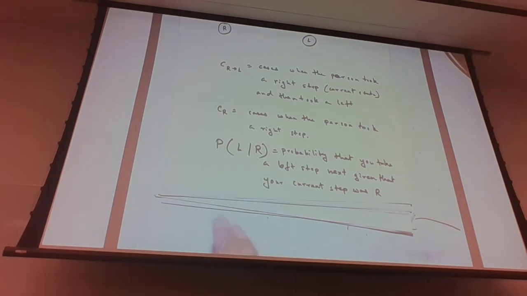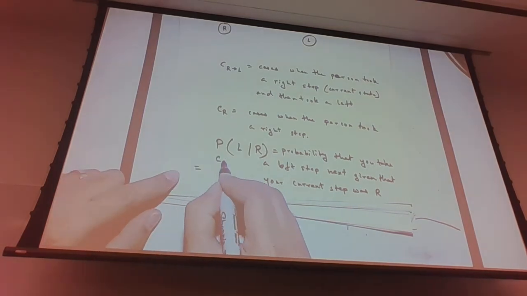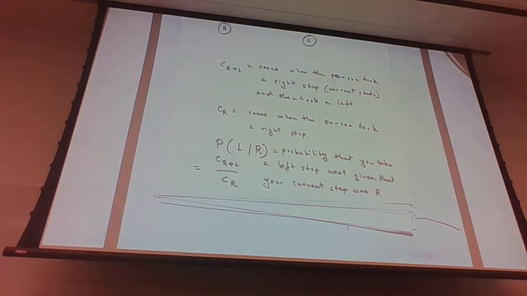So given that your current step was right, what is the probability that you take the next step as left? You can simply calculate it as CRL by CR. Okay?